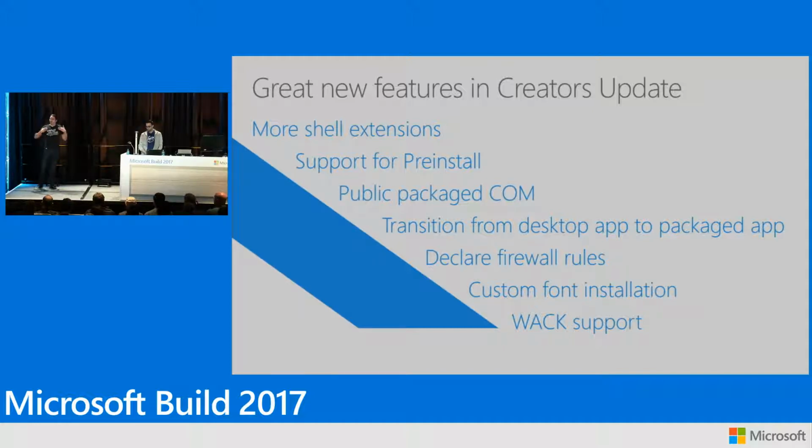And if you're taking advantage of those things, then we'll ship the update, we'll break your app, your users will have a bad experience, and they will either blame you or Windows or both. We don't want that to happen, so now we're going to make sure that the APIs you're calling are the ones that we're going to support, and that your app continues to work great.